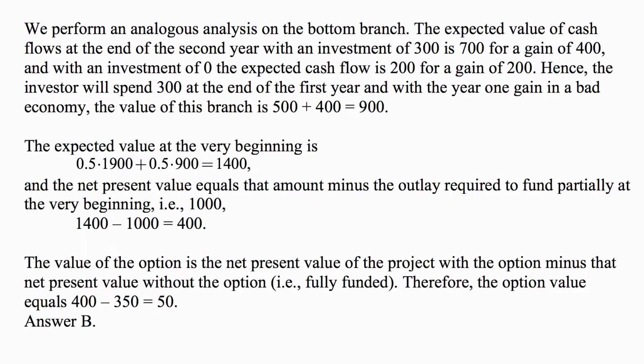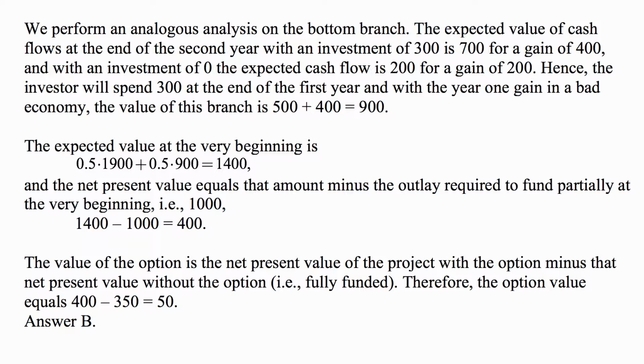And now we perform the same type of analysis on the bottom branch. The expected value of cash flows at the end of the second year with an investment of 300 is 700 for a gain of 400, and with an investment of 0, the expected cash flow is 200 for a gain of 200. Hence, the investor will spend 300 at the end of the first year, and with the year 1 gain in a bad economy, the value of this branch is 500 plus 400, so 900.